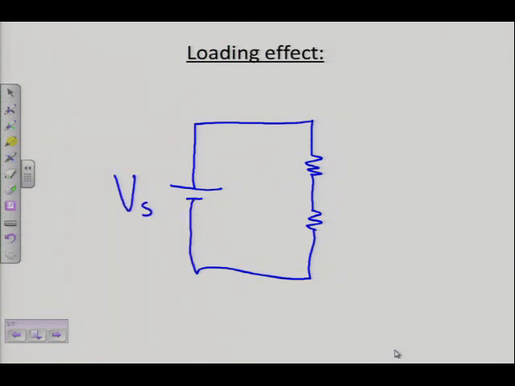Vs, my source voltage. I've got two resistors, R1 and R2. And this will actually count as what? This simple series circuit, what is it? A voltage divider. I even made it easier.